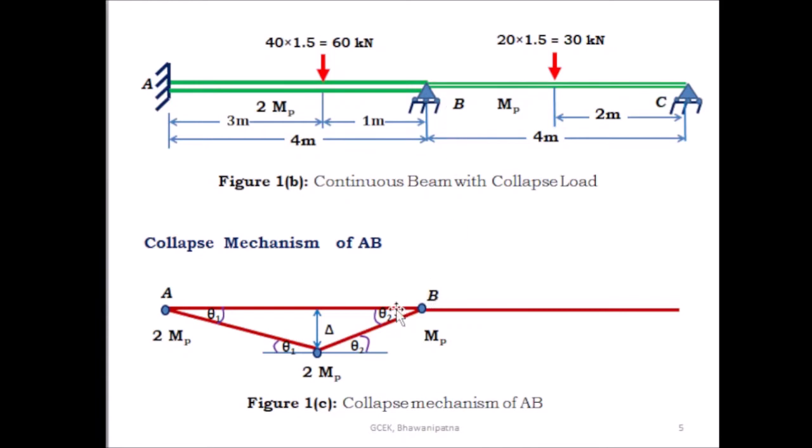So at B you take the lowest plastic moment. So this is the 3 hinges and this is the plastic moment capacity of each hinge.